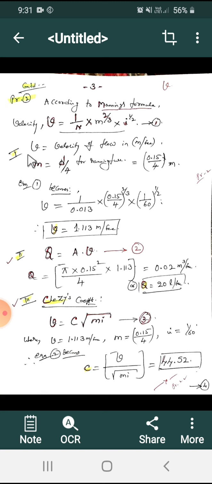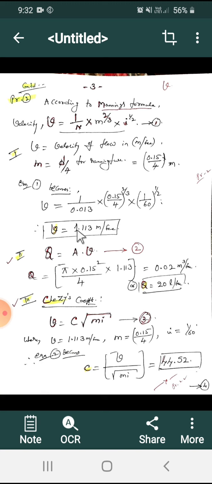Now, in this problem, we have to determine V, Q, and Chezy's coefficient C. Totally 3 parameters you have to determine. After the first one, we'll go to the second one. Q is equal to AV. Substitute directly, this is a full flow condition. Now Q is equal to A, that is pi D square by 4, where D is 15 centimeters, that is 0.15 meters, into the velocity.